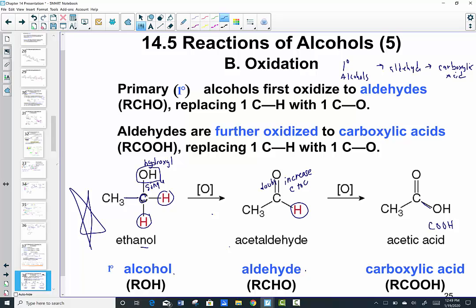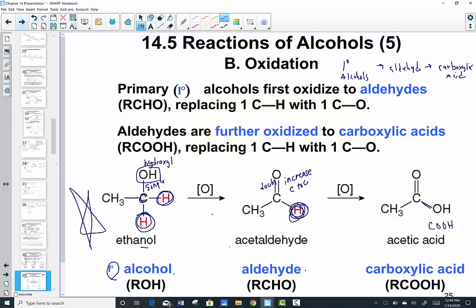Primary alcohols oxidize to aldehydes, and then one more step, because it has a remaining hydrogen here, one more step is possible, going all the way to a carboxylic acid. Only true for primary alcohols, because it's the only type of alcohol that has two bonds from C to H, are the primary positions.